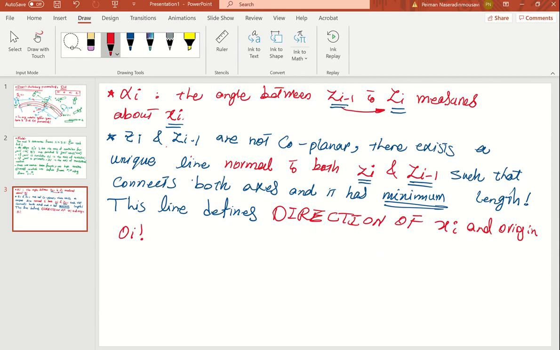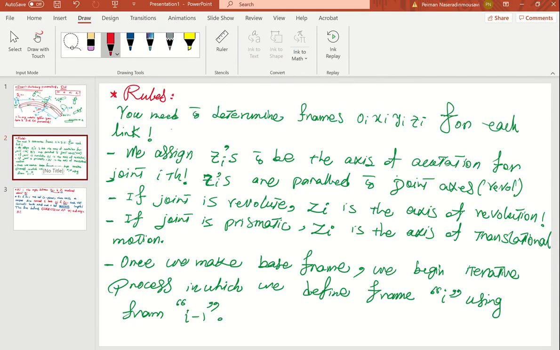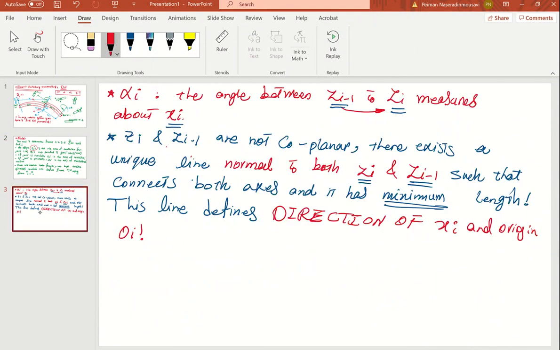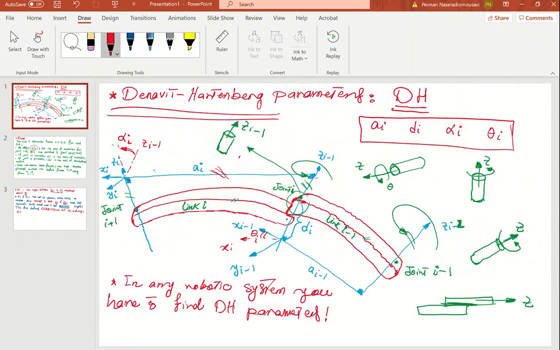So on this page we said how we define the z-axis for the frame I. Now, using that line that is normal to both zi and zi minus 1 and has a minimal length in the space, after plotting that line, this gives you the direction of xi. So here is your OI, obviously.